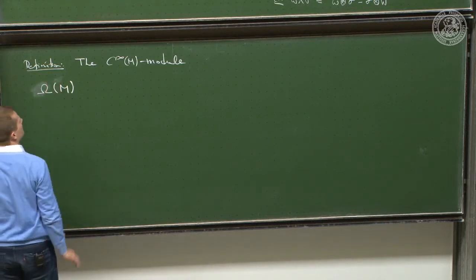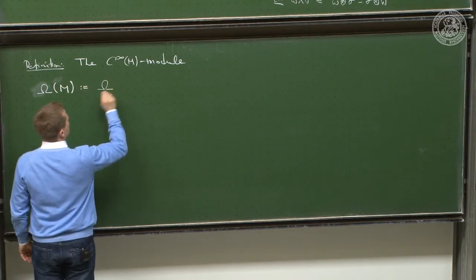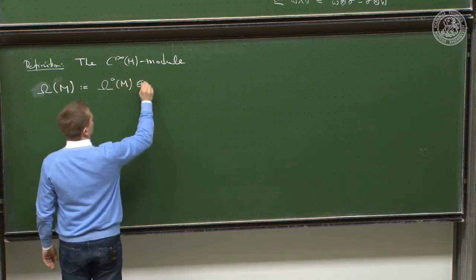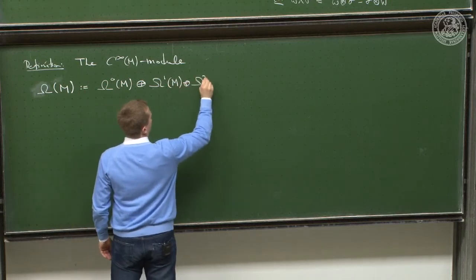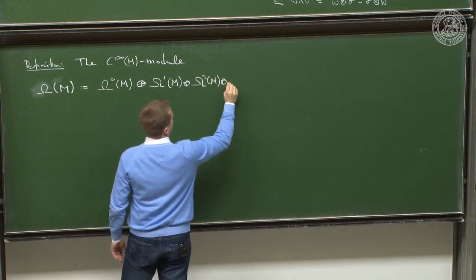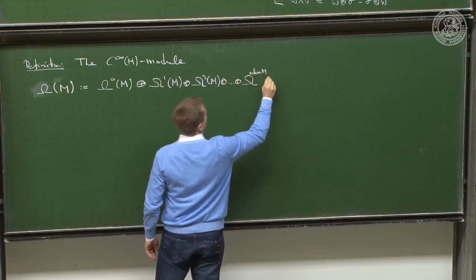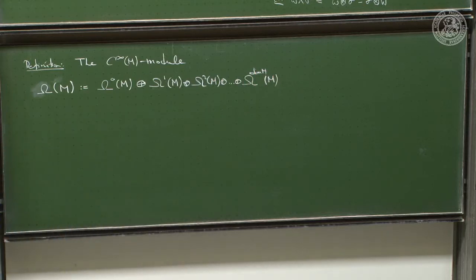Anyway, there's no particular mention of that, and that guy simply is the direct sum of this module, direct sum this module, omega 1, direct sum this module, plus dot dot dot, plus the finite direct sum up to the dim M forms on M, and we know those are the top forms, there are no further.